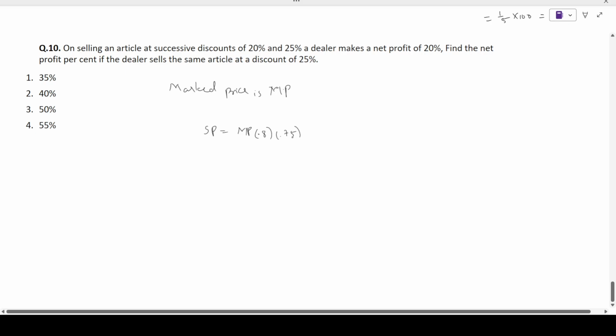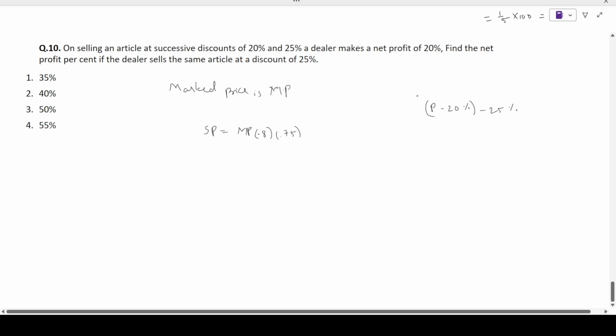We multiply this. If you try to understand this, let's suppose we have a price P. From this we are giving a 20% discount. Successive discount means after giving a 20% discount, from this value we are giving a 25% discount.